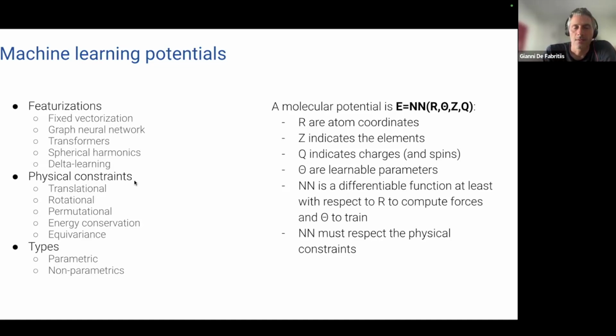And then you want to respect some physical constraints like translational, rotational, permutational invariance, energy conservation, and equivariance. And there were historically basically two types of machine learning potential, parametric and non-parametric.